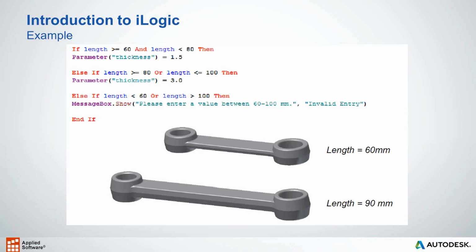And then also if my length is less than 60 or greater than 100, we're going to see a nice little message box that pops up, and it'll say, please enter a value between 60 and 100 millimeters. Invalid entry.